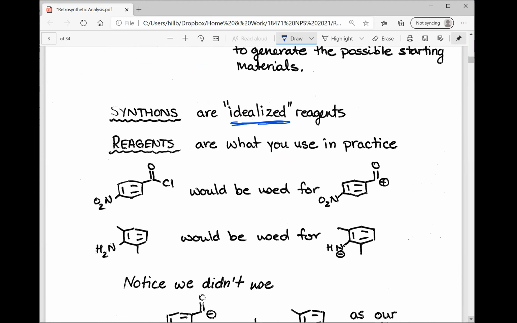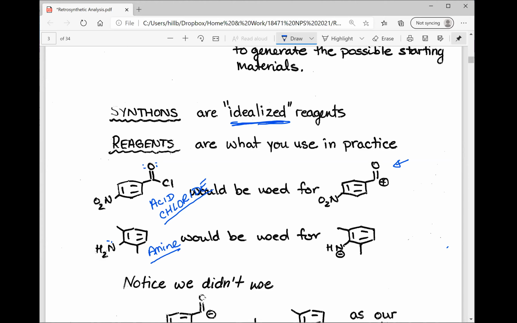And the electrophile, the carbonyl with the positive charge, the most common equivalent for this is the acid chloride. And the nitrogen with the minus, well, the simplest one is basically an amine.